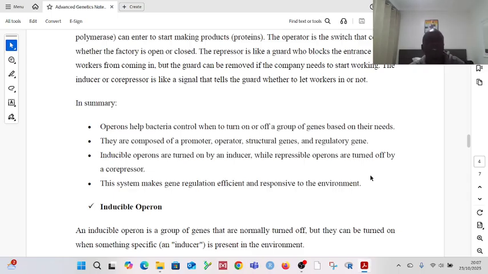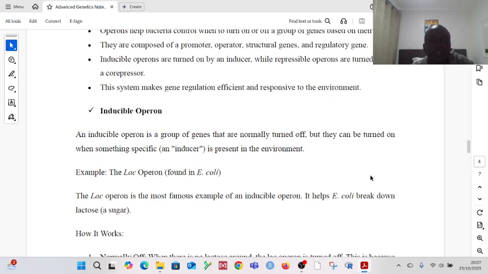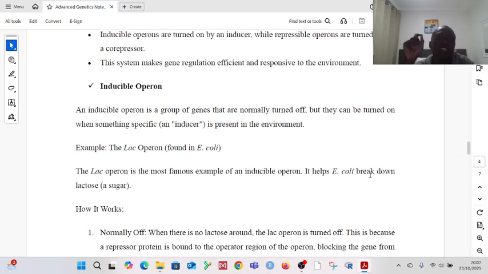So let's look at these two operon systems. We have an inducible operon and a repressible operon. An inducible operon is a group of genes that are normally turned off.